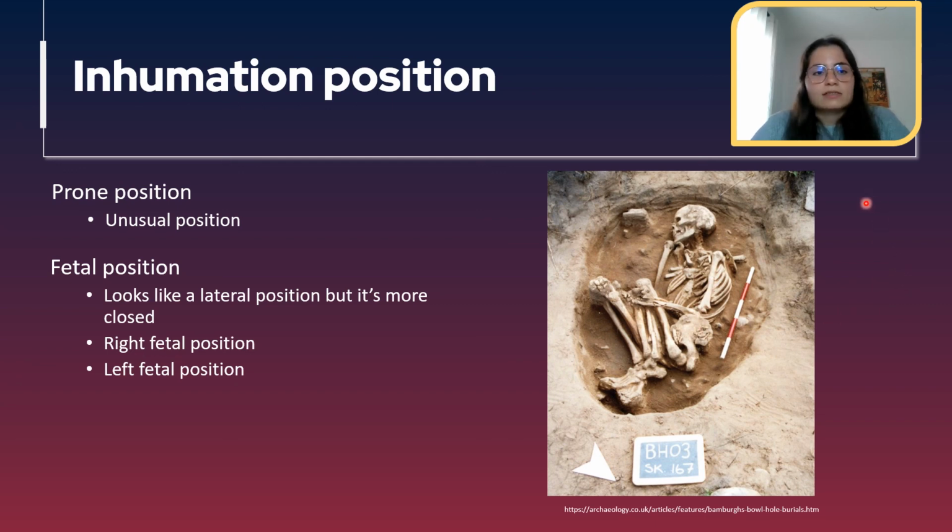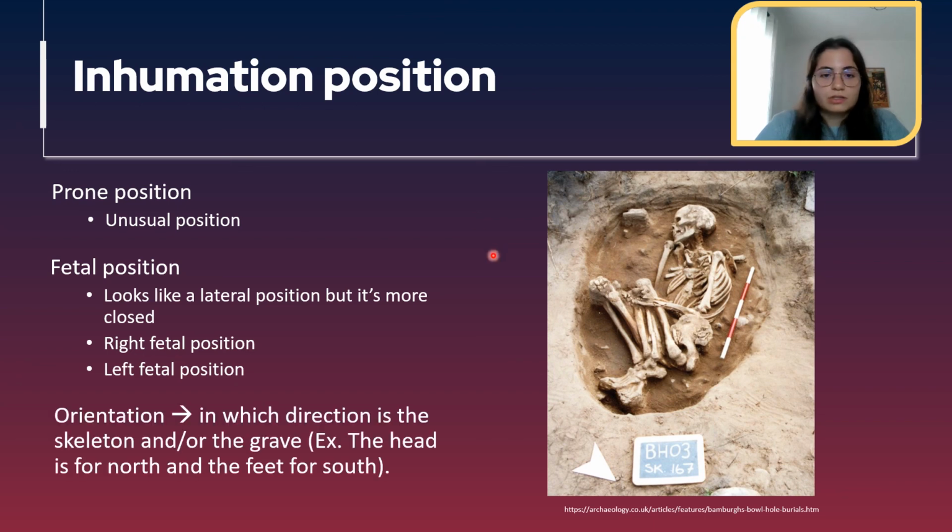In this case, it is also important to see if it's a right or a left fetal position. And then there is also the orientation. The orientation is basically seeing in which direction is the skeleton and or the grave. For example, the head is for north and the feet for south. And this arrow here that you see usually is pointing to the north.